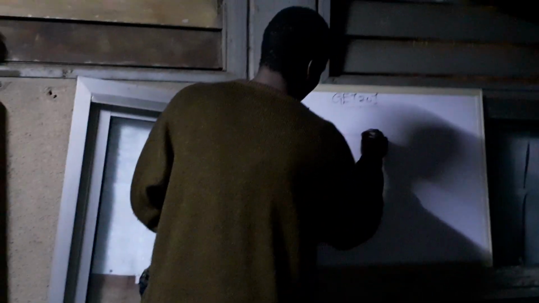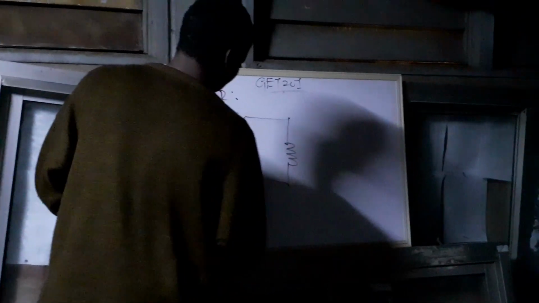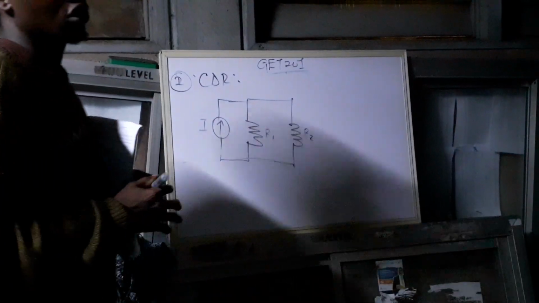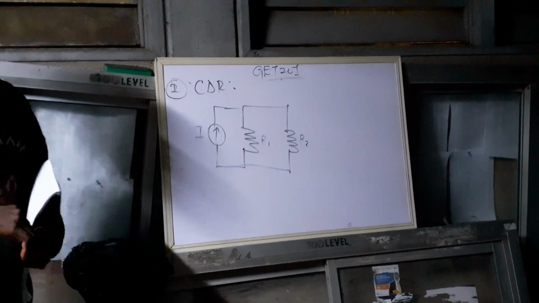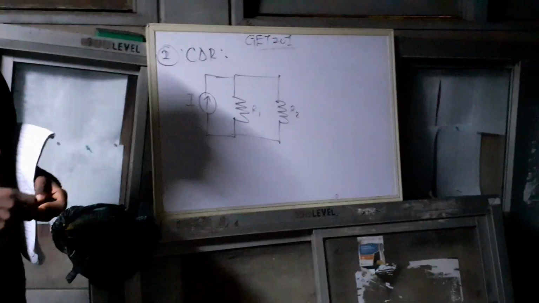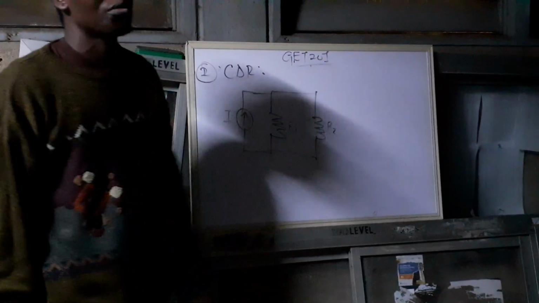That's voltage divider. Then number 3, we have the current divider rule. So you are given a current source, or a voltage source, and then you have your resistors in parallel.